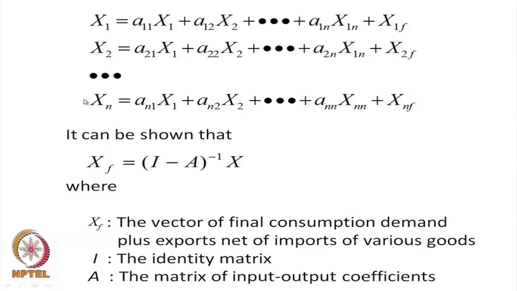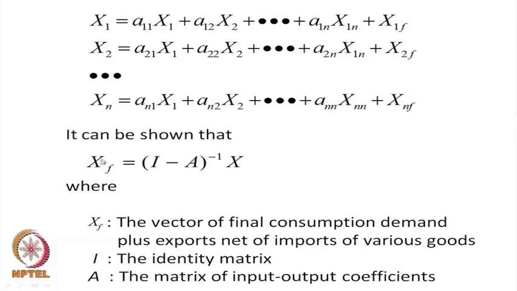X is this vector. Xf is the vector of final consumption demand plus exports, net of imports of various goods. I is the identity matrix containing ones in its diagonal, 0 elsewhere. A is the matrix of input output coefficients A11, A12, A1n, AN1, AN2, ANN.